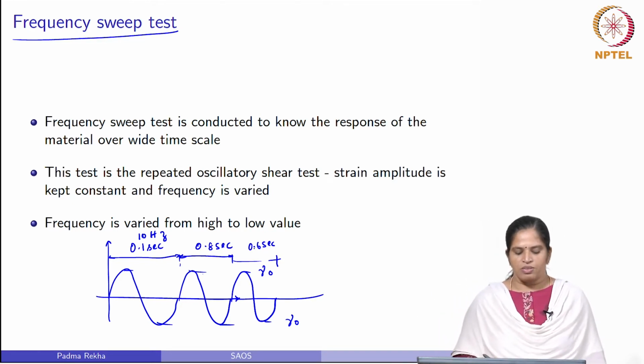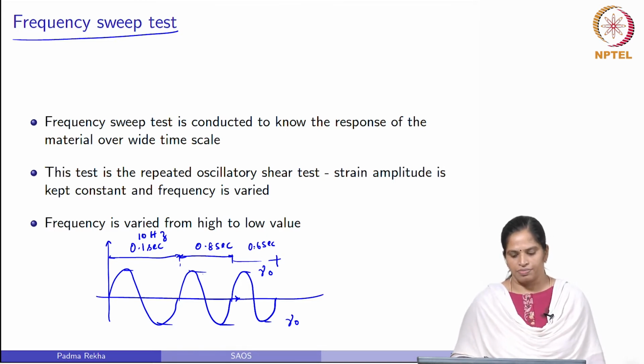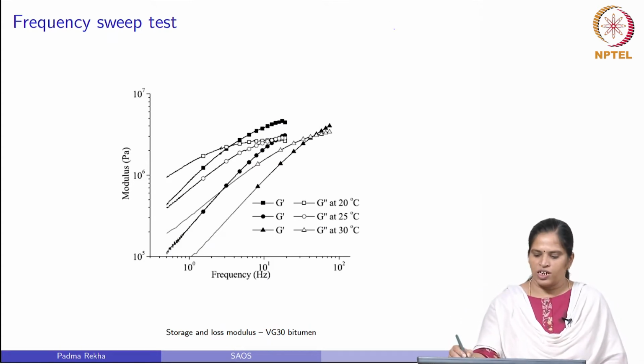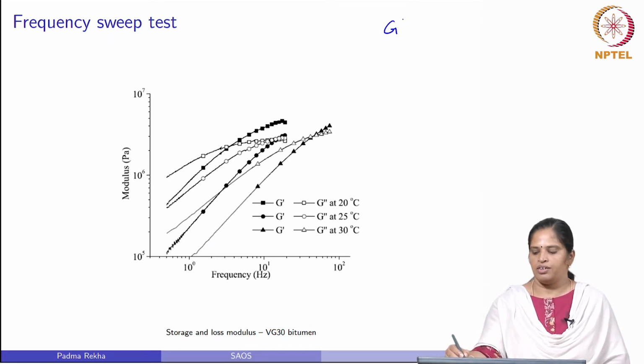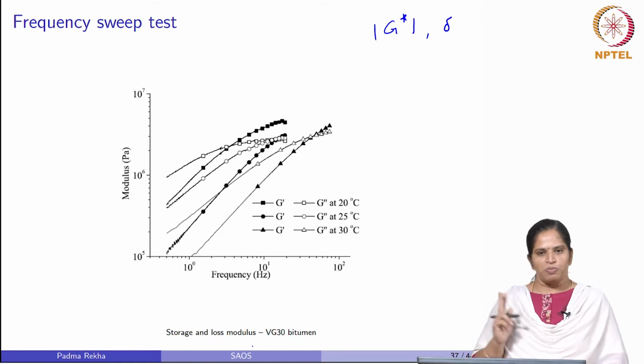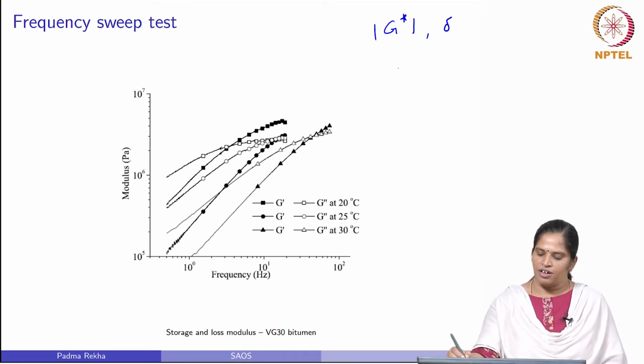So, if you do this frequency sweep, what will be the response of the material? As we know, when you do an oscillatory shear test, we measure either a dynamic modulus and phase angle. We need a minimum of two parameters to define it: a dynamic modulus and a phase angle, or a storage modulus and a loss modulus.